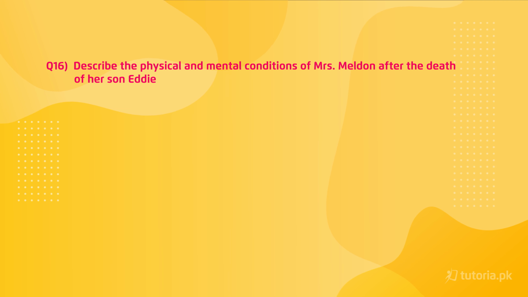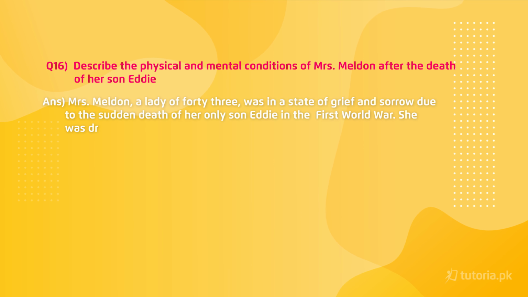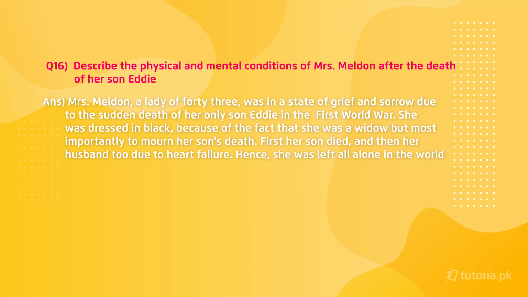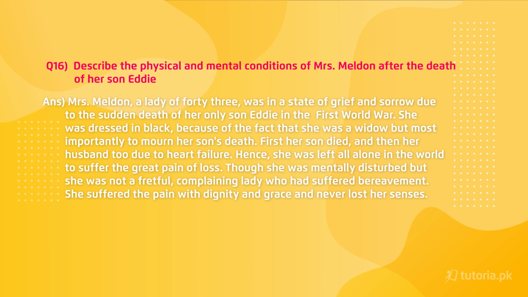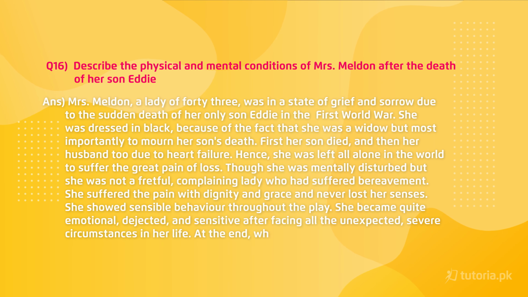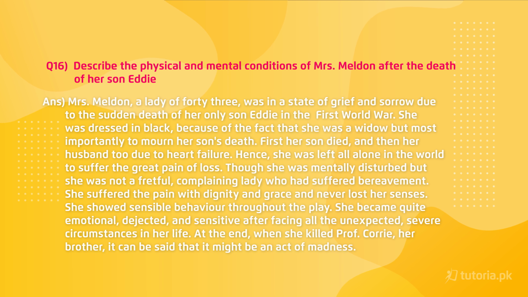16th question. Describe the physical and mental conditions of Mrs. Meldon after the death of her son Eddie. Answer. Mrs. Meldon, a lady of 43, was in a state of grief and sorrow due to the sudden death of her only son Eddie in the First World War. She was dressed in black because she was a widow, but most importantly to mourn her son's death. First, her son died and then her husband too due to heart failure. Hence, she was left all alone in the world to suffer the great pain of loss.